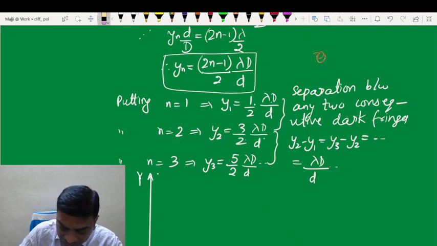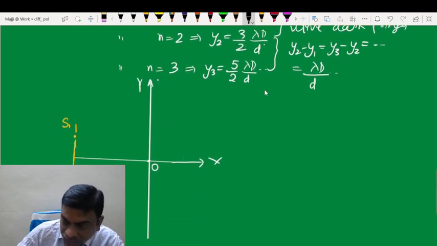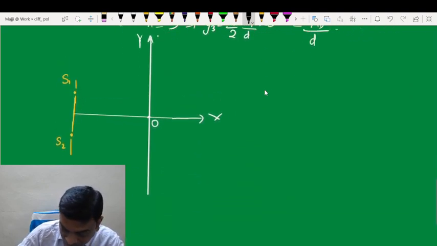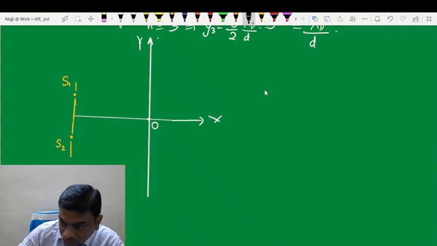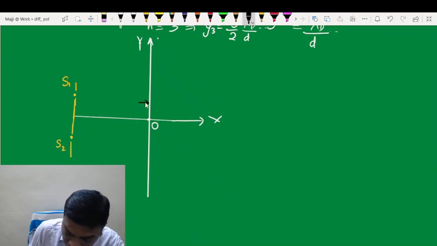Dark fringes are visible if we use some dark color. So for now, if I take lambda capital D by small d as beta, I can write this as beta by 2. So this position is at a distance beta by 2.